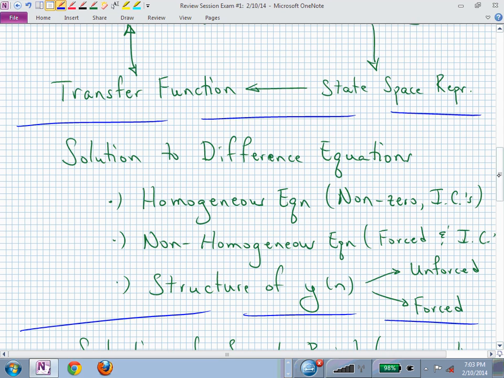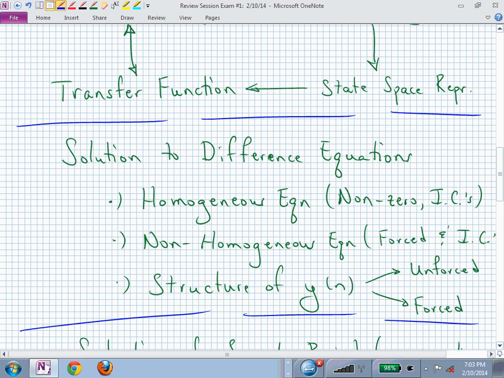Solutions to difference equations. And that really was what we were talking about. Well, not quite, because we were starting in the transform domain in today's lecture. But if I give you a homogeneous equation with non-zero initial conditions, can you tell me what the solution is? What's y of n as a function of n? What's the closed form solution?